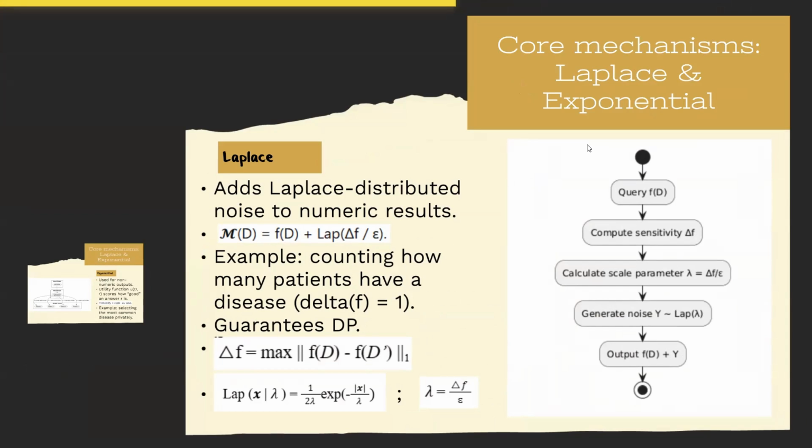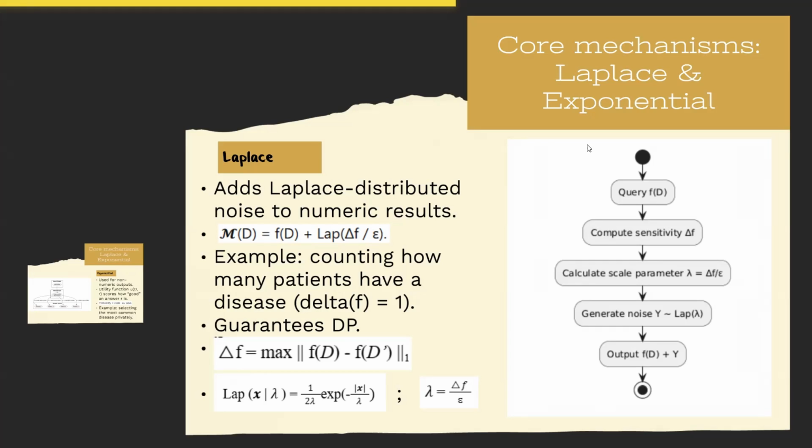Global sensitivity measures how much a function's output can change if we modify just one individual's record in the dataset. In other words, it tells us how sensitive a function is to any single data point. Formally, if we have a function f that maps a dataset into some numerical results, the L1 sensitivity, written as delta f, is defined as the maximum possible difference between f of D and f of D prime for any two neighboring datasets, D and D prime, datasets that differ in exactly one person's data.